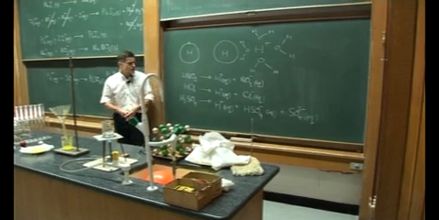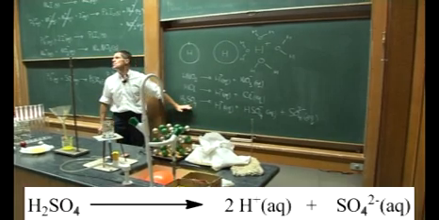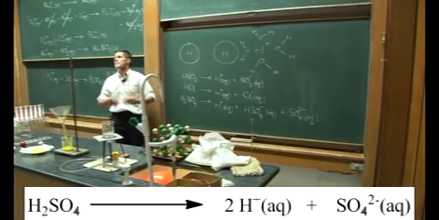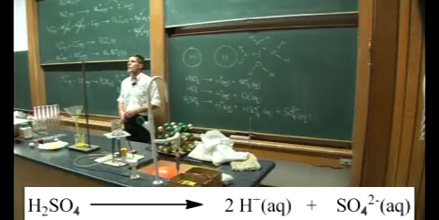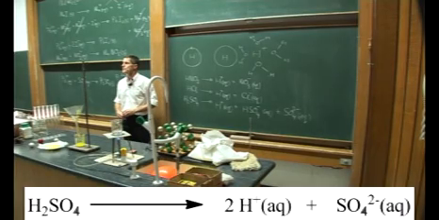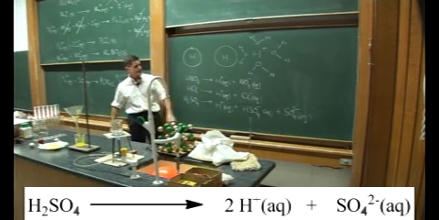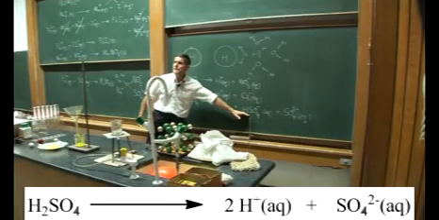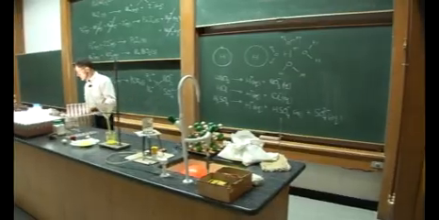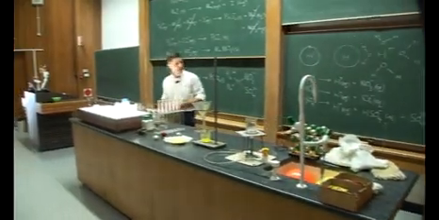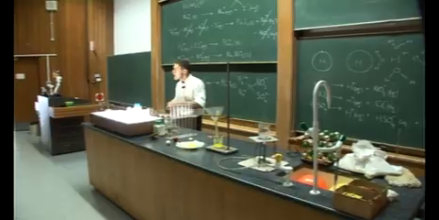In most applications, we can think of H2SO4 splitting up 100% to give 2 lots of H+ and 1 lot of SO4 2-. But if I was to be rigorous about it, I would have a little bit of this present as well. And the proportions are difficult to portray in an equation like that.